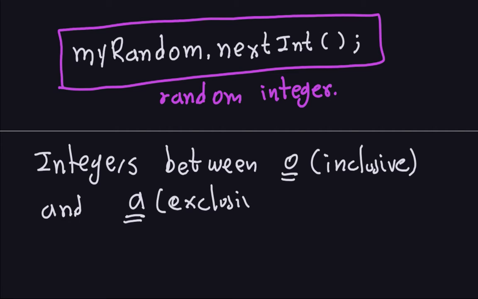So let's say I want to generate an integer between 0 and a, where a here is an integer. So the only thing I need to do is, in this line of code that I have here, put an a there.